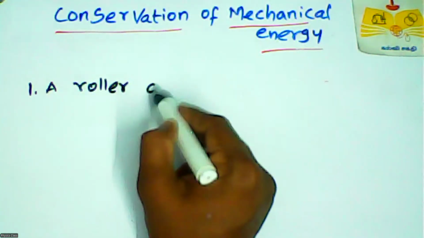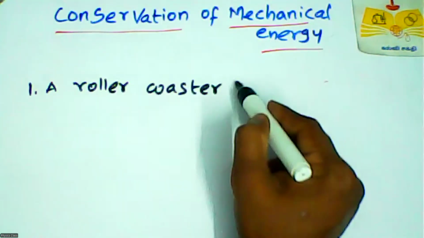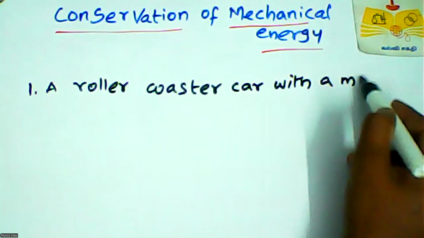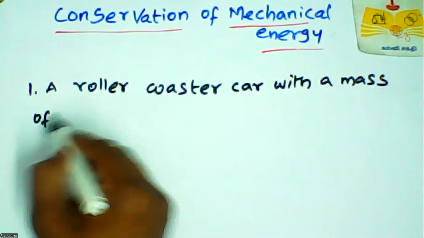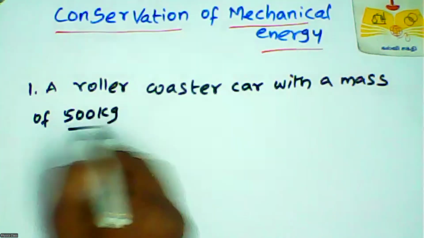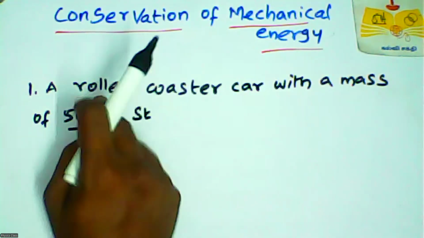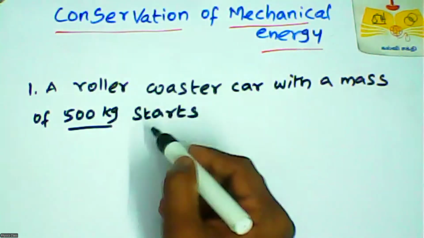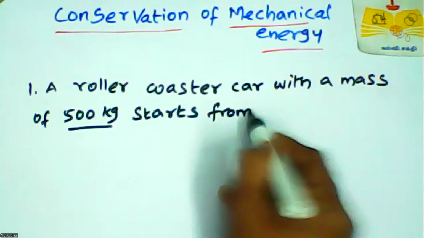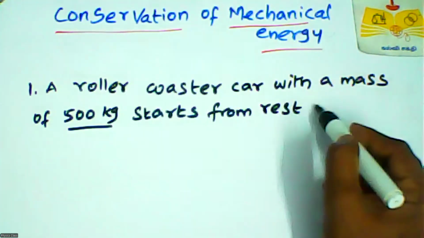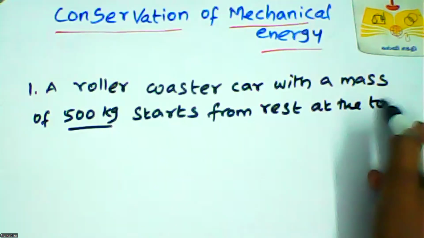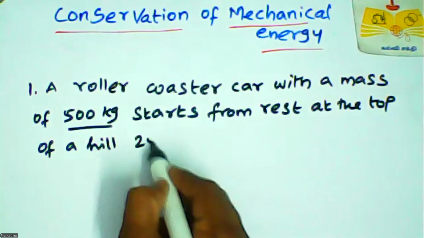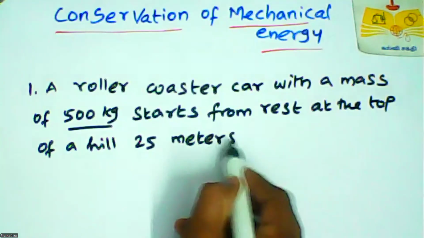A roller coaster car with a mass of 500 kilograms starts from rest at the top of a hill, 25 meters high.